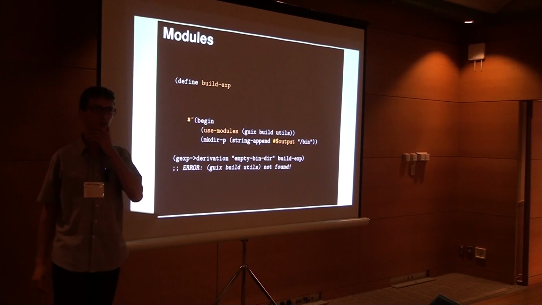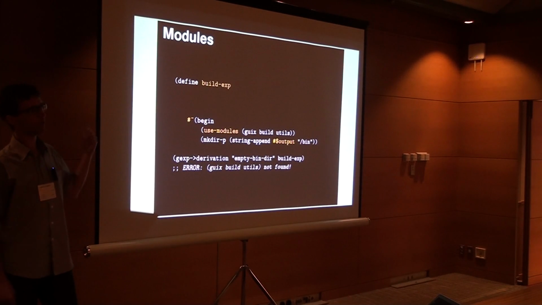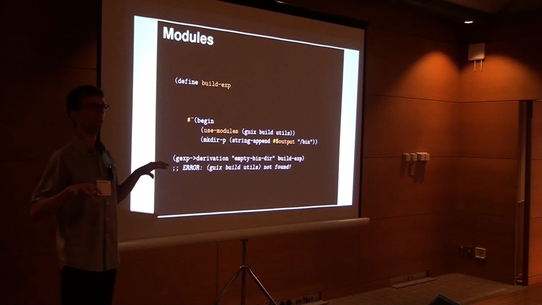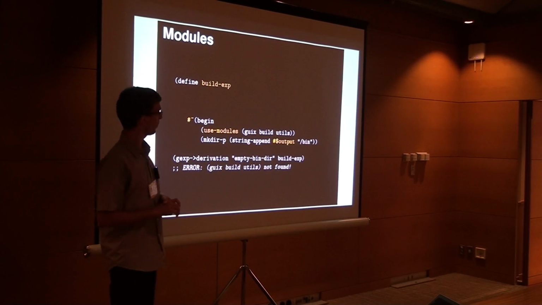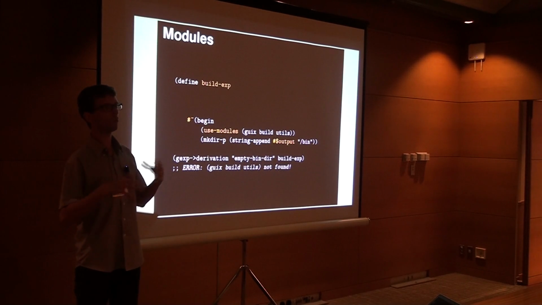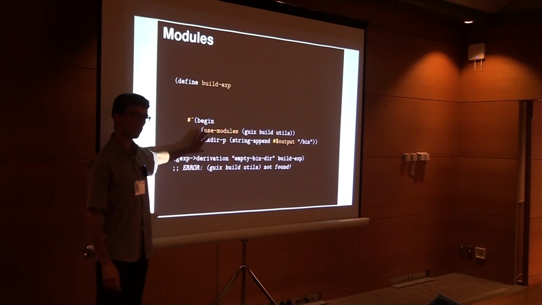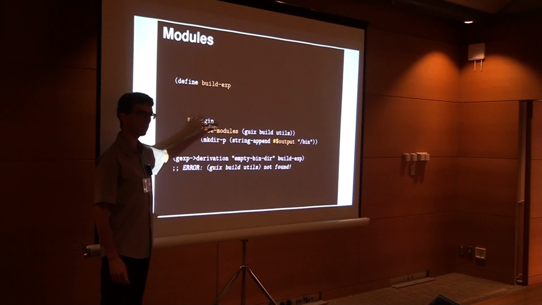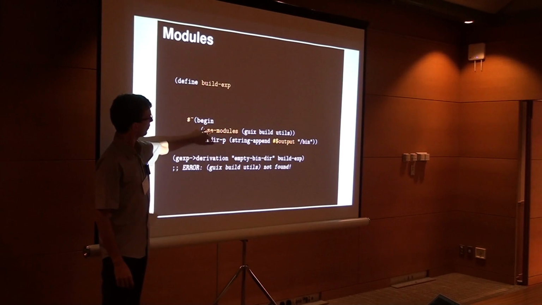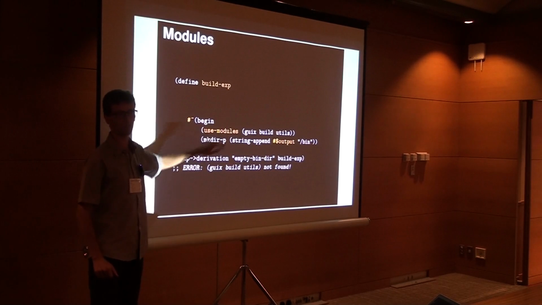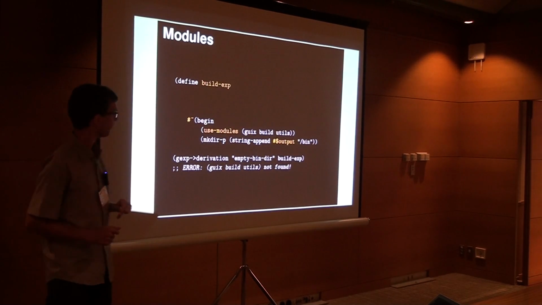So the next thing here is modules. When we are doing staging, the whole point of using Scheme in different places is that we can share code. So obviously, we want to be able to factorize common code in modules, and we want to be able to say, I'm writing a G-expression, but this G-expression needs to use some Guile module. So let's say I'm using the Guix build utils module so that I can get this wonderful mkdir-p procedure.